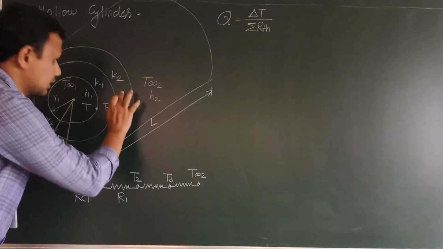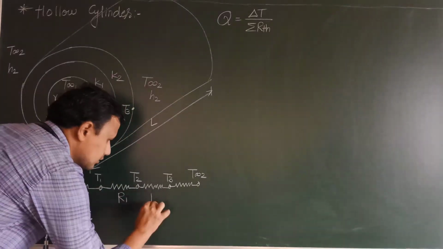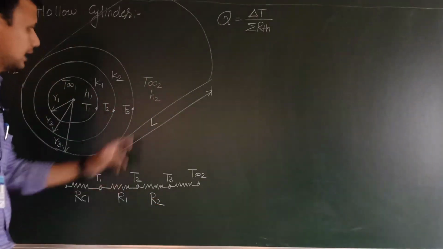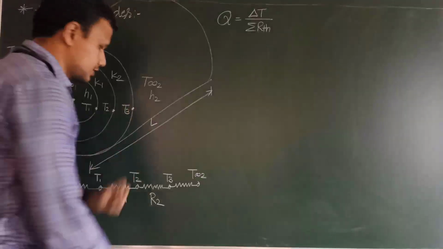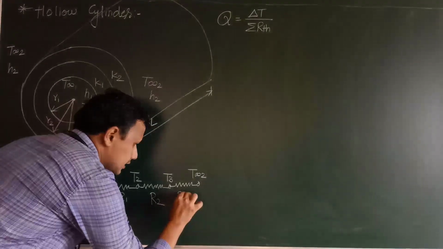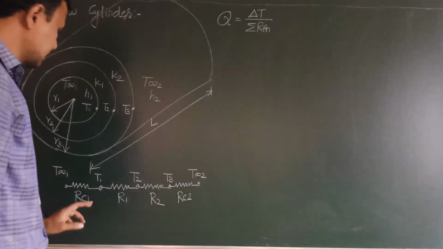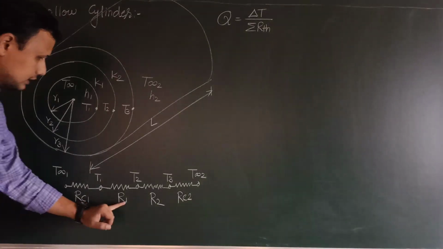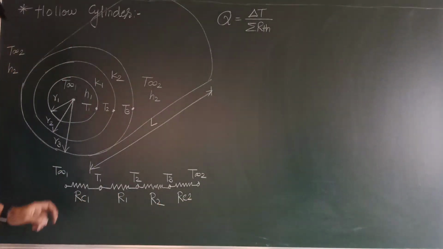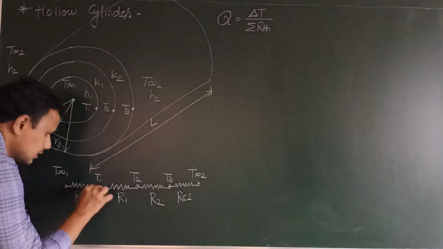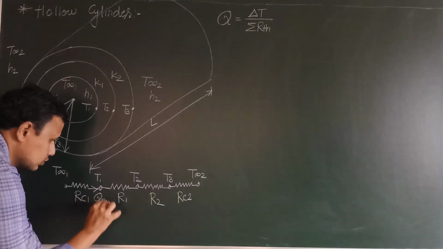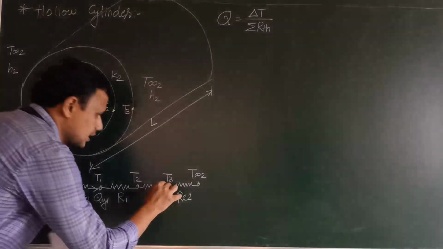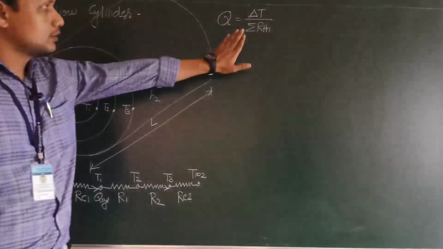This is again a conduction resistance for the insulation, we will write it as R2, and this is the second convection resistance, so we will write Rc2. So we observe that all the resistances are in series. Because of this architecture, heat will flow through the cylinder, which can be evaluated with the help of this formula.